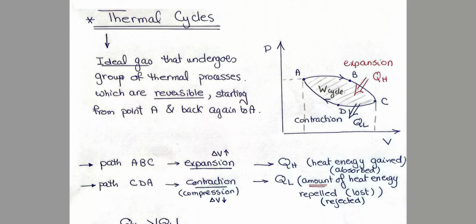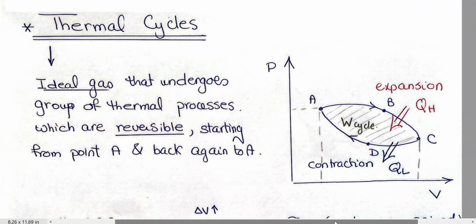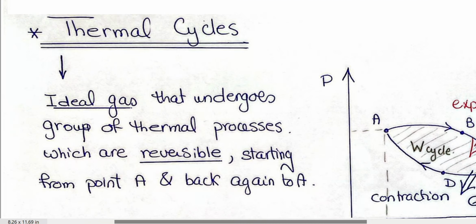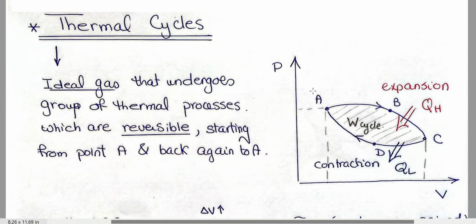For a thermal cycle, we said that we will start from point A and make some changes, or some thermal processes, till we reach point C. These thermal processes are expansion because we increase the volume V. So this path from A, B, C is called expansion because the volume is increasing.